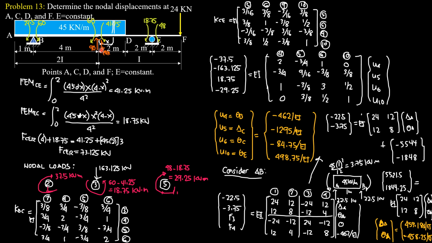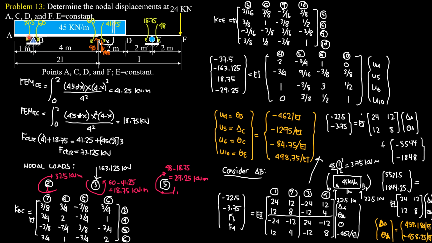So fixed end moment plus the fixed end force just to the right at C times 4, FCER times 4 plus 18.75 equals 41.25 plus the moment of the load 45 times 2 meters times 1 plus 2, so 3 meters. So FER equals 73.125 kilonewtons.